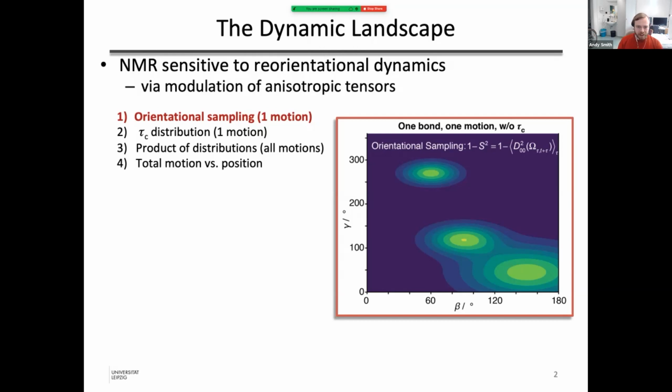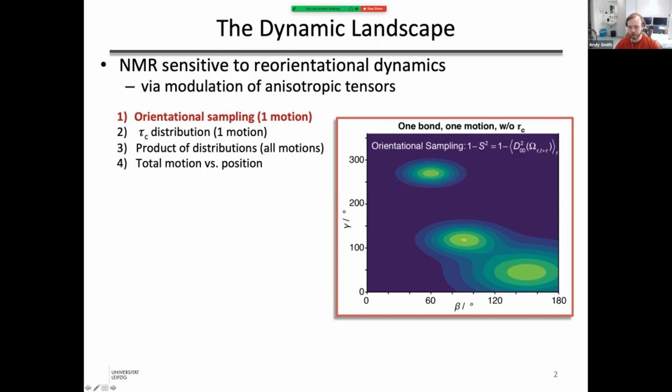So what is the dynamic landscape? Well, it's all the factors coming in to affect that modulation of the couplings and effectively describe the motion of a proton-carbon bond. And so the first thing that comes in is just the orientations we sample.